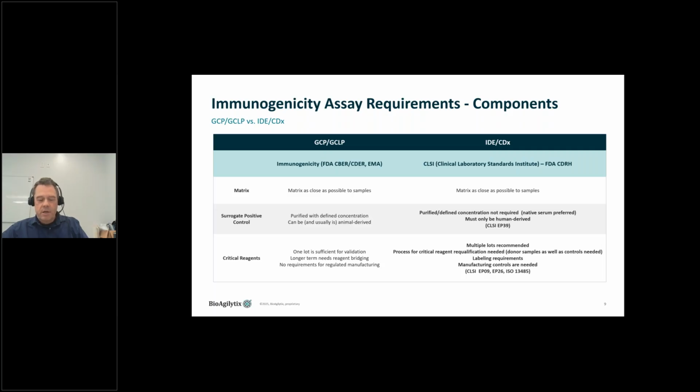And also, the CDRH wants to know the procedure that is intended to be used for qualifying new lots of critical reagents, and particular scrutiny is placed upon the capsid, both the labeled and unlabeled versions. Other considerations are for labeling and packaging the critical reagents, and also documentation and execution of the manufacturing process, which needs to be compliant with ISO 13485.